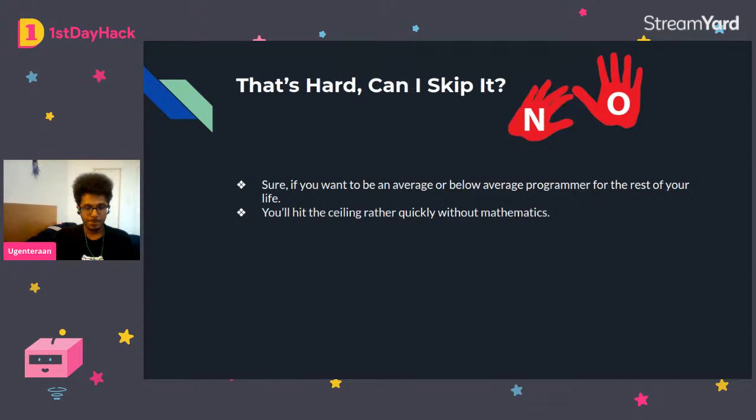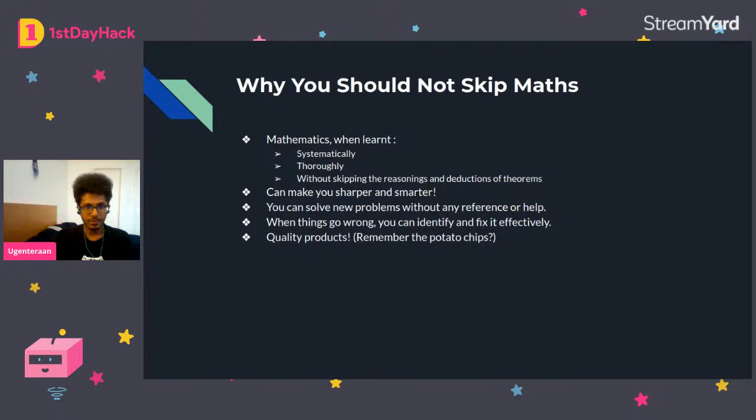Another benefit of knowing this mathematics is that when you learn mathematics in a very systematic manner, in a very thorough fashion, without skipping the reasonings and deductions of all those theorems that you might encounter. I know you probably haven't heard of any kind of theorems in your mathematics right now.